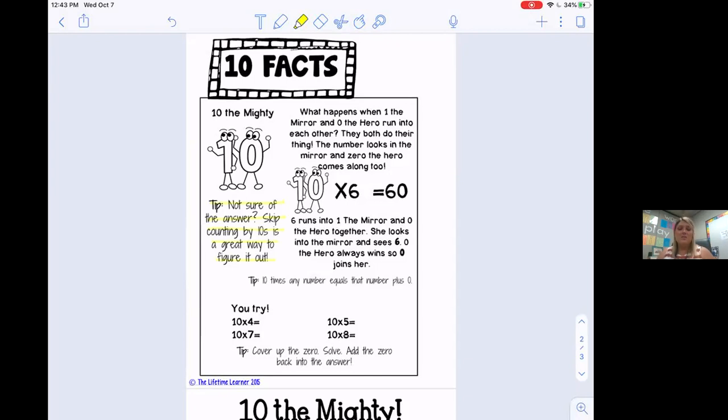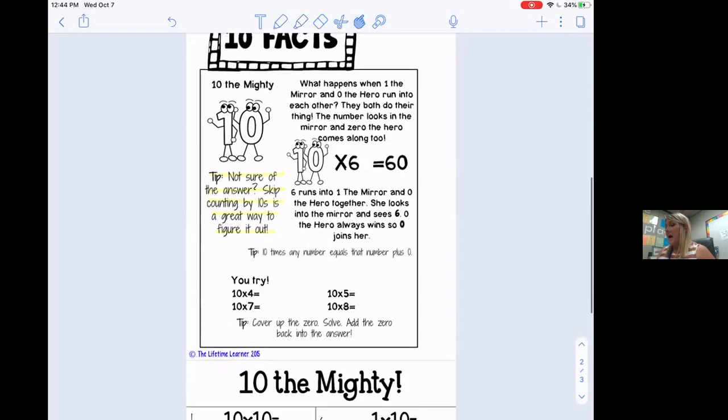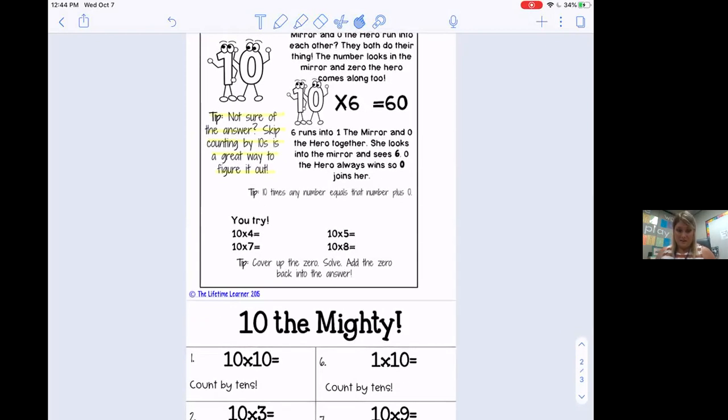So if that story confuses you about 1 the mirror and 0 the hero, you're welcome just to skip count by tens. And just for transparency's sake, in this video, boys and girls, I'm going to use skip counting just because it's easier to model.